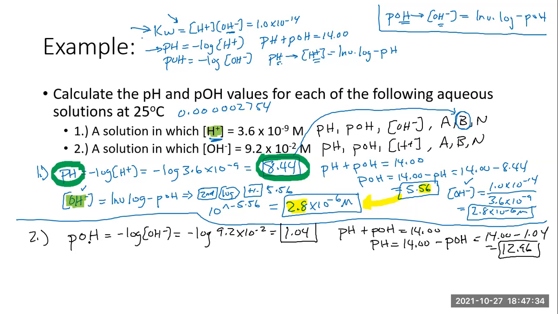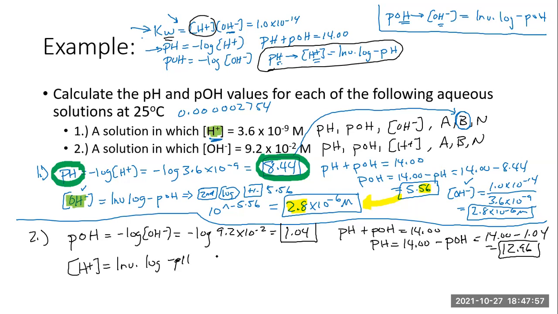Now that I got the pOH and I got the pH, I still have the option to use KW if I wanted to get to the H plus concentration. But since I have the pH, I'm again going to go with this calculation here, just to show you how it would look. The H plus concentration would be the inverse log of the minus pH. And in this case, when you hit that button, it will probably pop up the 10 and the caret.